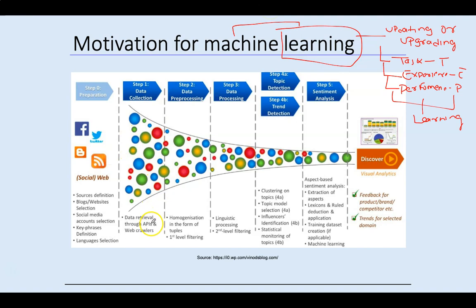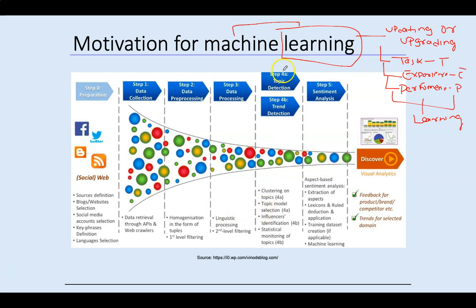We first retrieve the data through different APIs and web crawlers. We then do data pre-processing, where we prepare our data and remove the unwanted stuff, that is homogenization in the form of tuples, label word filtering. Then in step 3 we do data processing level 2, in which we do linguistic processing, that is the second level of filtering.